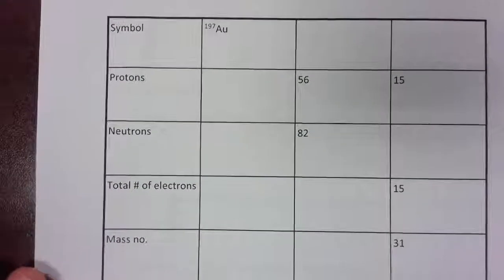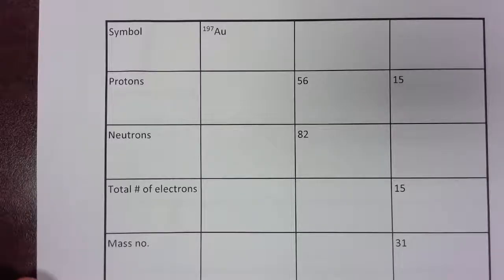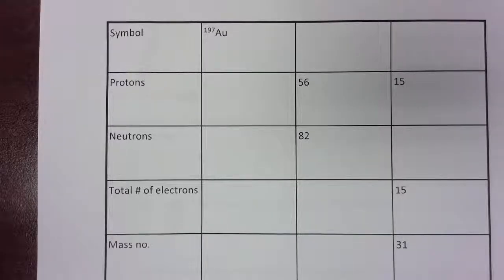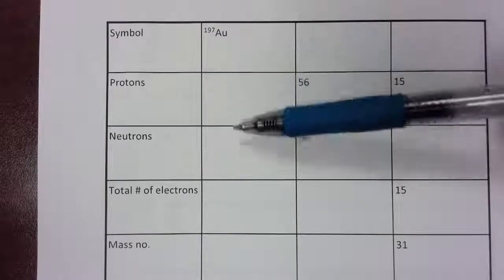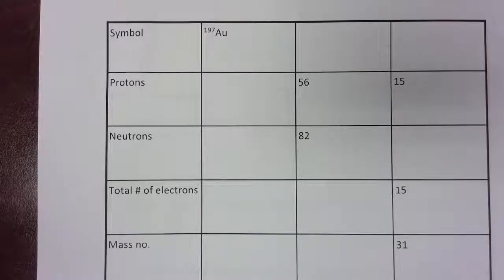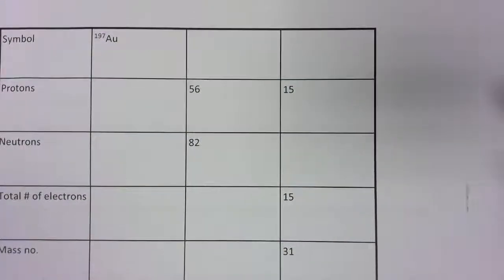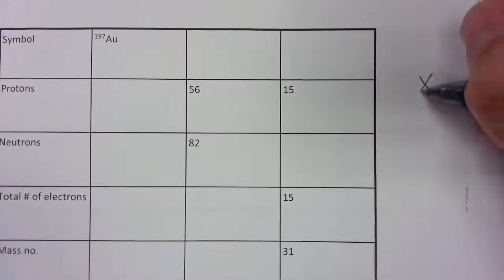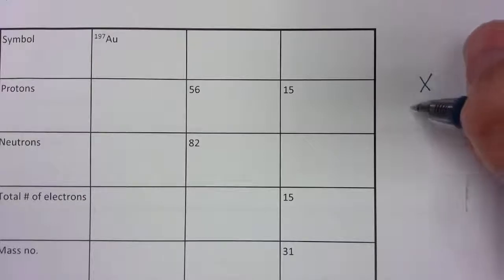All right, the next one is filling in a table. And this table has to do with the number of protons, the symbol that we would use, the neutrons, and the total number of electrons, and then finally the mass number. So I'm going to draw over here just a generic X. There's no atomic element with the symbol X, so it's just a generic placeholder.